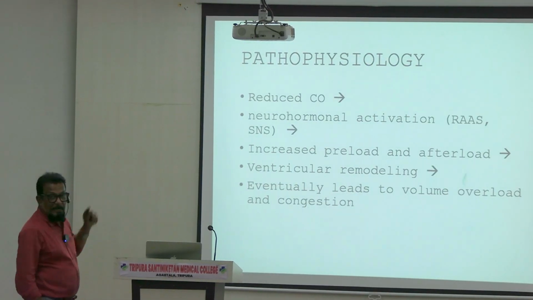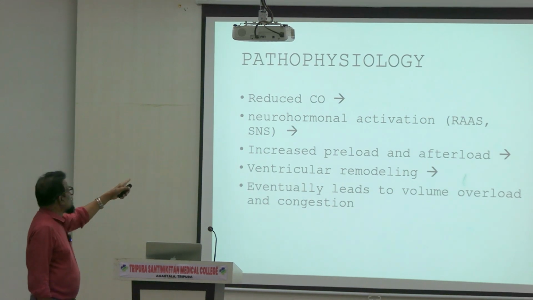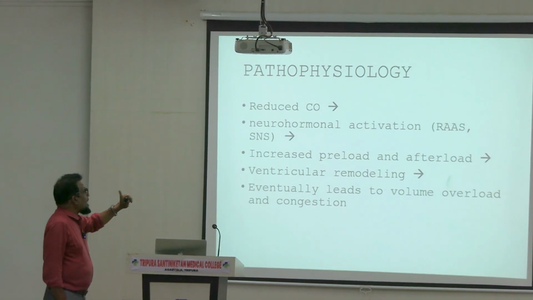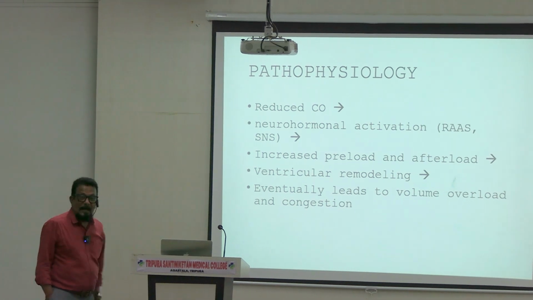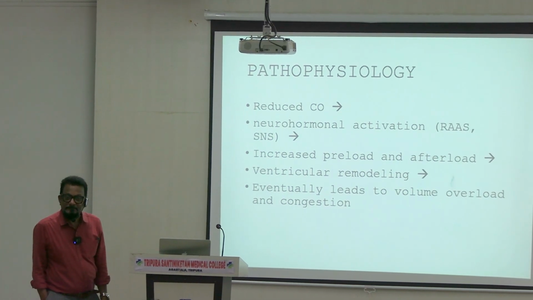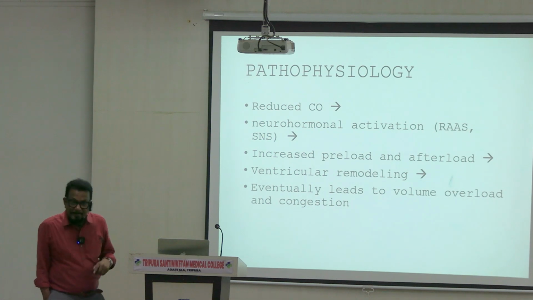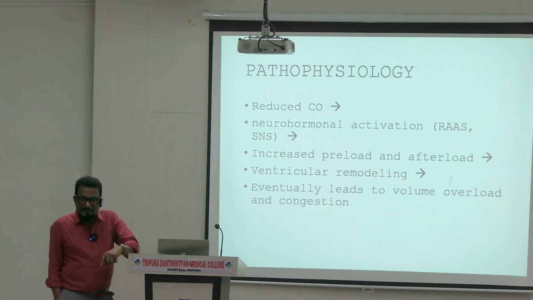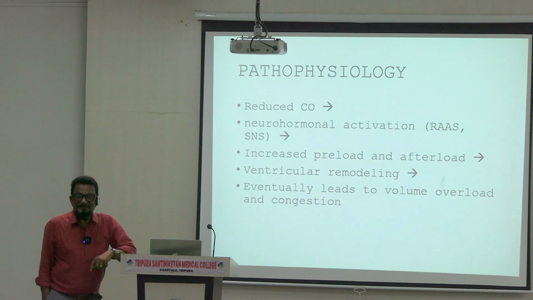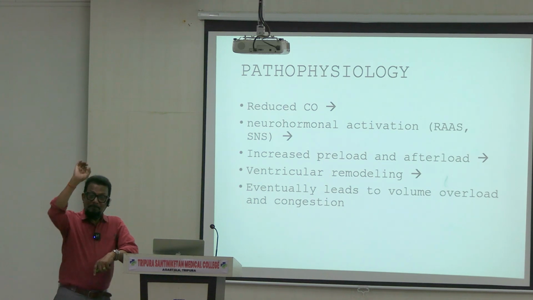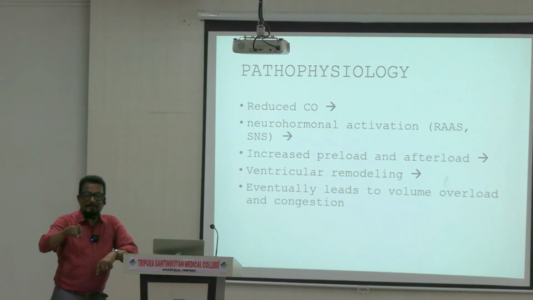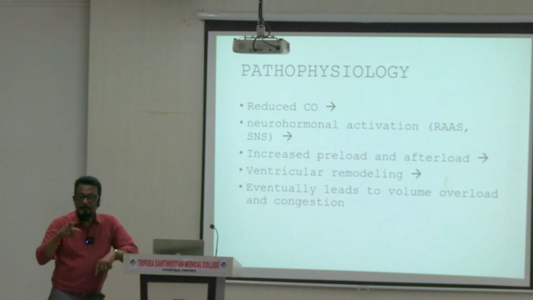Pathophysiology: reduced cardiac output, and there is neurohormonal activation, RAAS and SNS. What is RAAS? Renin, angiotensin, aldosterone system. What is its role? Renin is secreted from the JG apparatus.